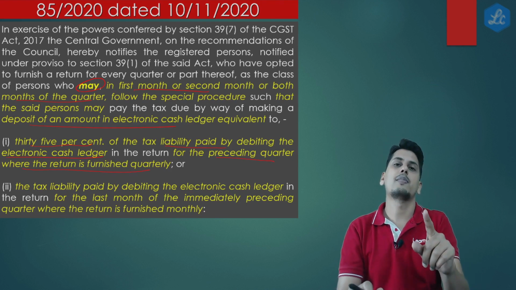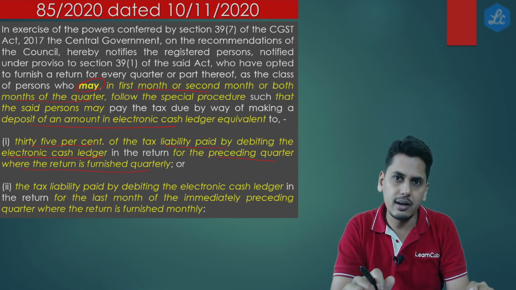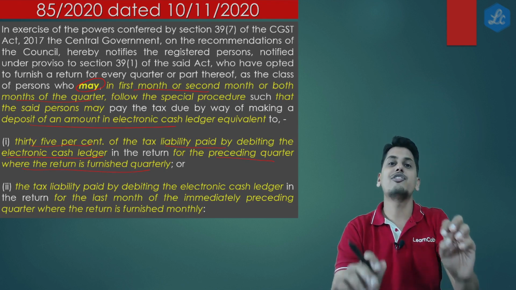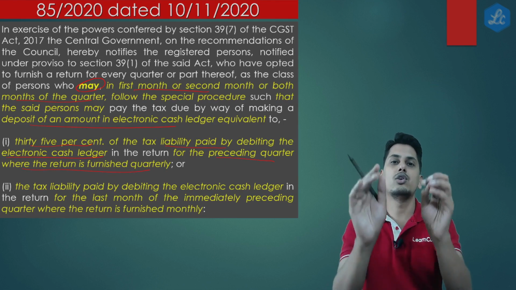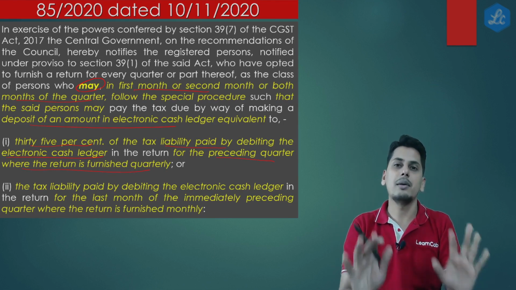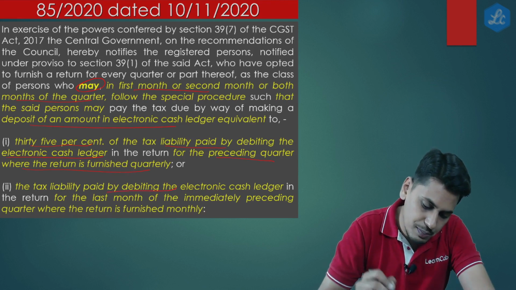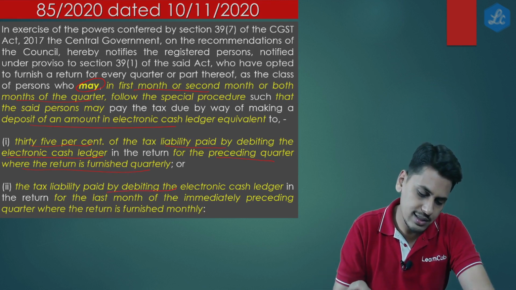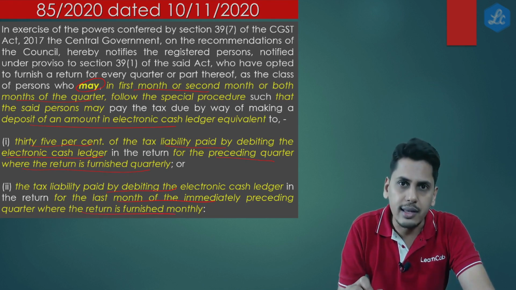So therefore, if in the preceding tax period you had filed a monthly return, whatever amount you have paid by debiting the electronic cash ledger, 100% of it you deposit for the month of April in this example. So friends, the tax liability which is paid by debiting the electronic cash ledger for the last month of the immediately preceding quarter where the return is furnished monthly.